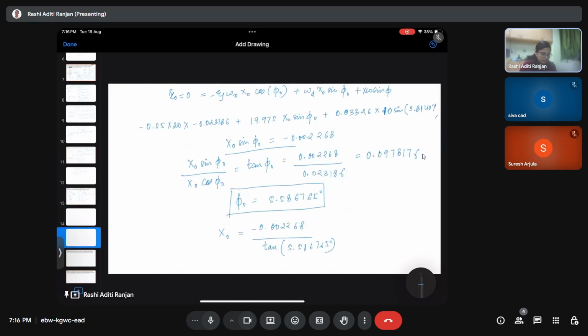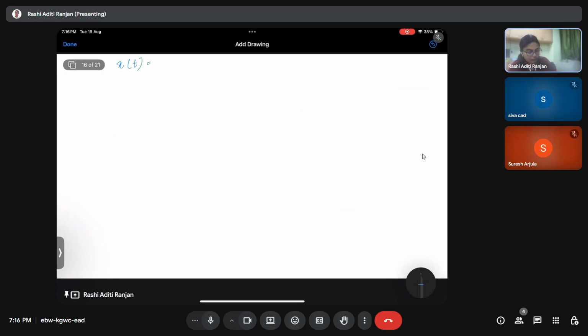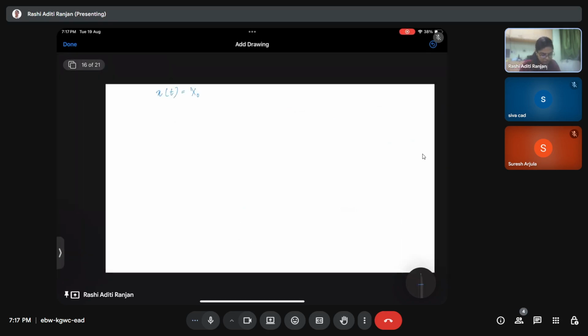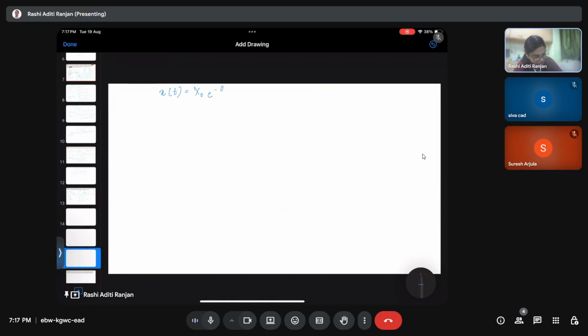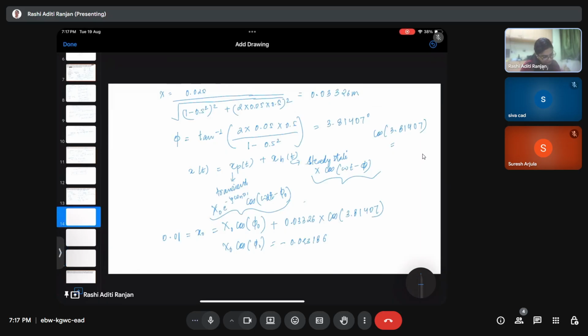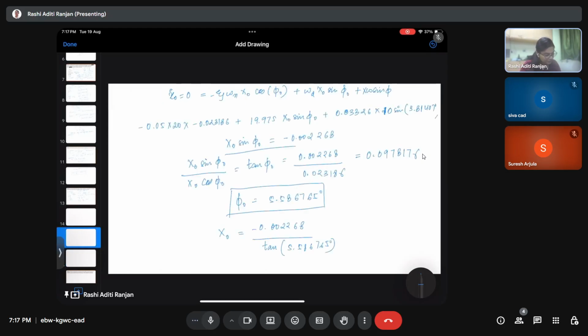xp plus xh, like the final solution I can get as x naught e to the power minus 0.05 into 20, okay, this I can write directly as t, then cos of omega d into t, cos of 19.975 t minus phi naught, 5.586765.